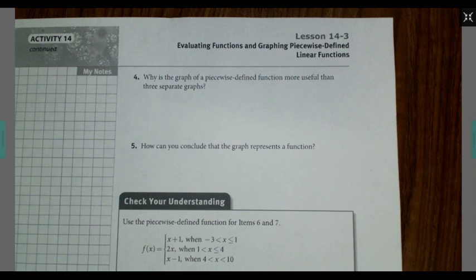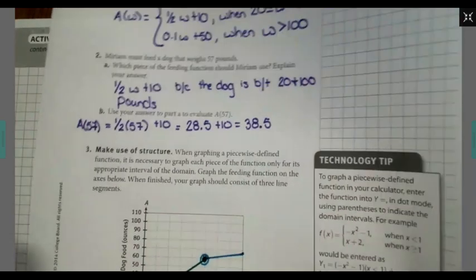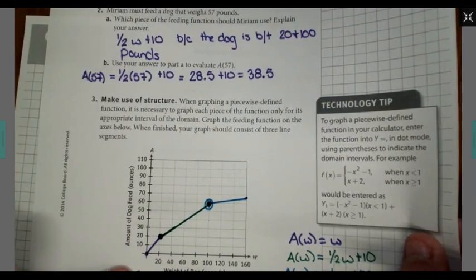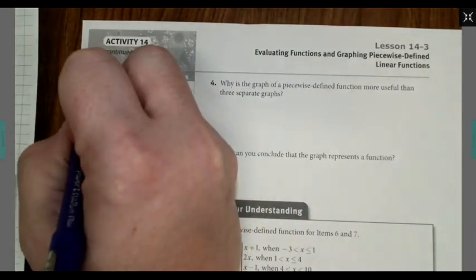All right, last section, questions 4 and 5. Why is the graph of a piecewise defined function more useful than three separate graphs? Why is it more important to do it this way, like this, than three separate pieces such as this?